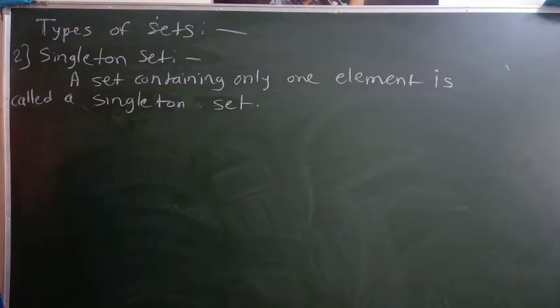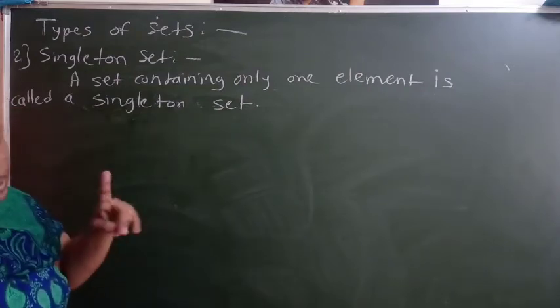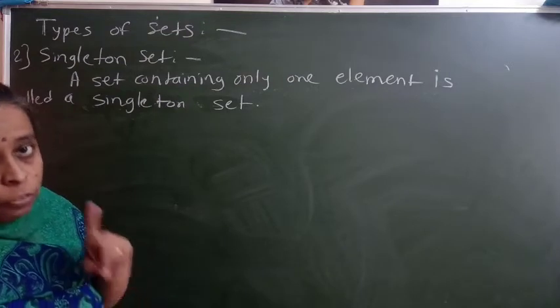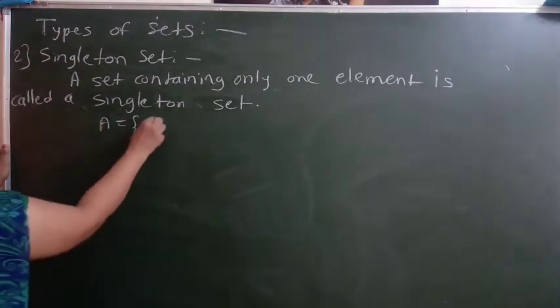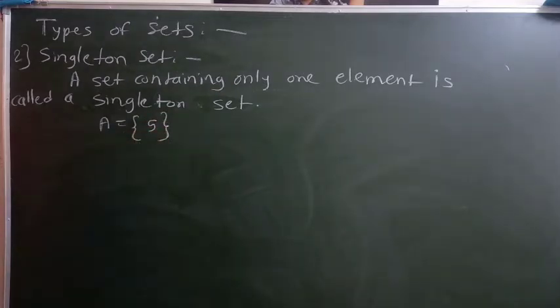Any number is there, any variable is there, but only one element is present in that set, then it is singleton set. So see here, this is set A which contains only 5. So it is singleton set.